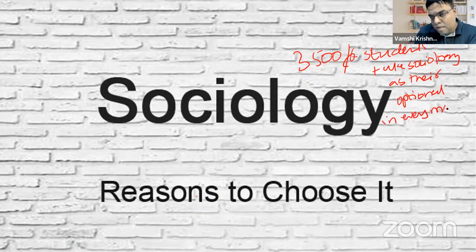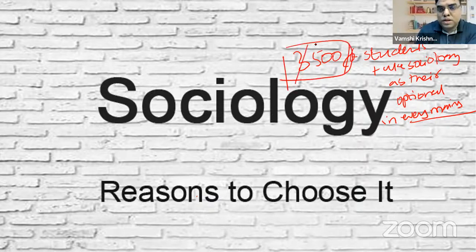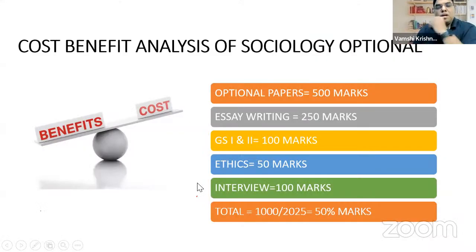This is the rough figure. 3,500 people every year write mains with sociology optional. The figure will be roughly the same for even PSIR and PubAd as well. So this is a very popular and very famous optional. First thing, what are the benefits of this optional?